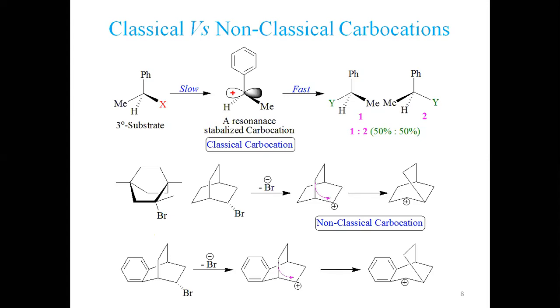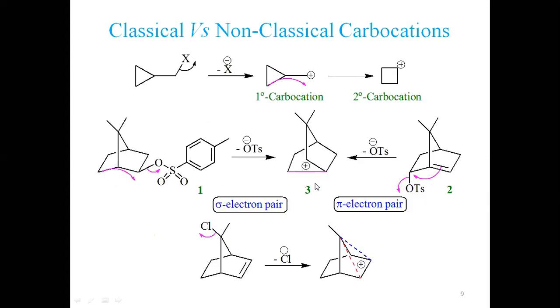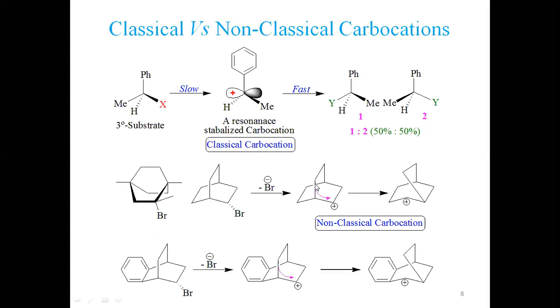Now let's see, this sigma bond transfers from here to this carbon. In fact, this carbon and this carbon are making this sigma bond. This sigma bond is being transferred from this carbon to that carbon.